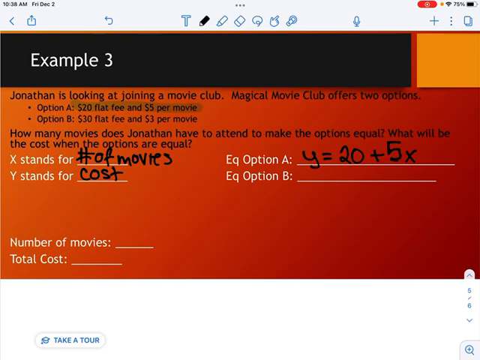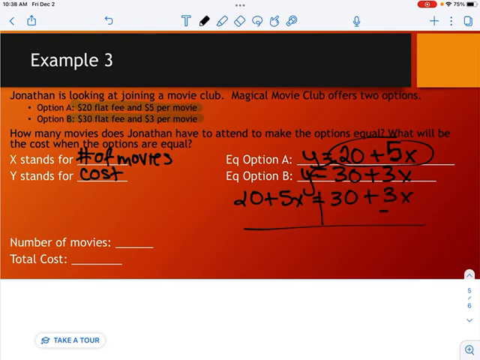And then option B, we have a $30 flat rate plus $3 per movie. Now, this problem is set up for substitution. So we're going to take this first equation and plug it in for y. So we get 20 plus 5x equals 30 plus 3x.